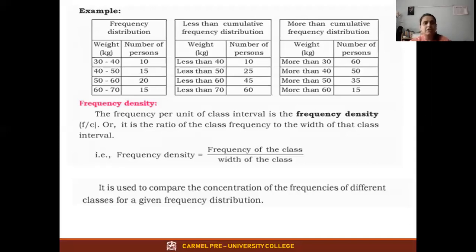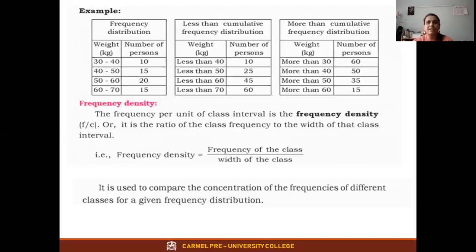Next, 40 to 50, how do you write? Less than 50. 50 to 60, less than 60. 60 to 70, less than 70. In the less than cumulative frequency distribution, you write in terms of less than, and write the LCF.